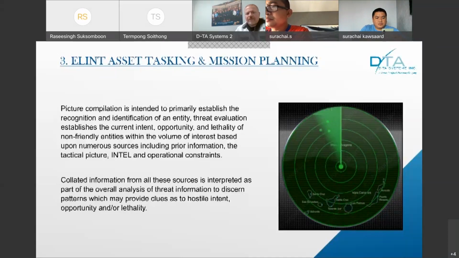So collated information from all of these sources is interpreted as part of the overall analysis of threat information to discern patterns which may provide clues to hostile intent, opportunity, and or lethality.